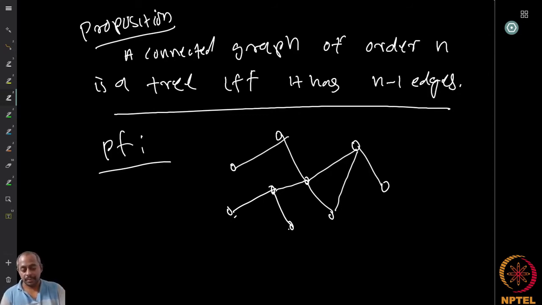So therefore, we see that if the graph is a tree, which means connected and acyclic, then it has exactly n minus 1 edges, because it cannot have more than n minus 1 edges, since once it becomes connected, you cannot add any more edges. And to become connected, you need at least n minus 1. We can make it more precise if you want.